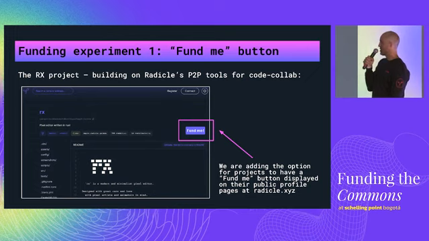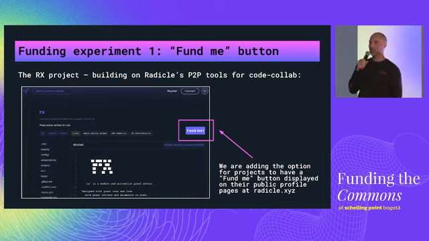So those were the building blocks, but it gets more exciting. Now we're starting to run experiments, and we've been running some funding experiments to see if we can really make this work. And the first funding experiment that we ran, and that we will be building into the other part of Radicle, is this idea of a fund me button.